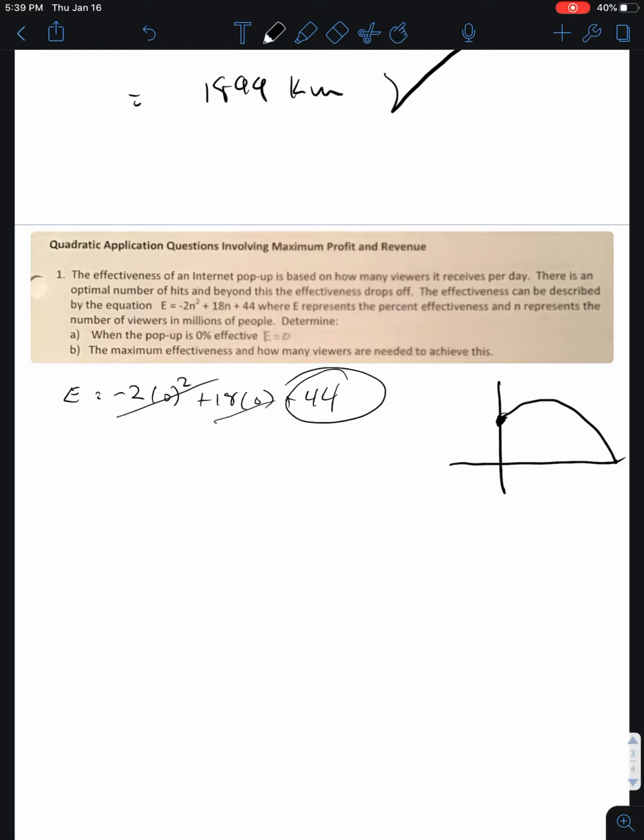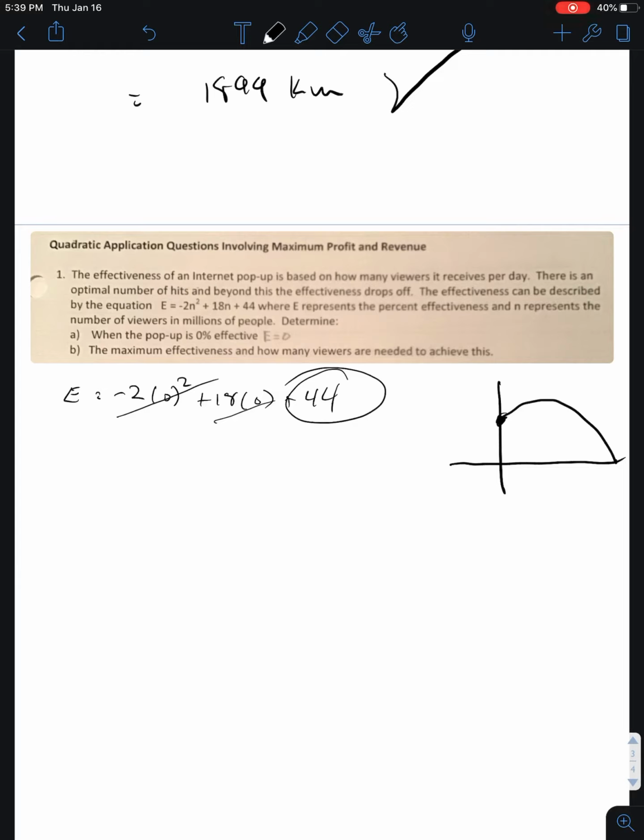Unfortunately, that doesn't answer anything for us in the context of the question, because the question doesn't ask about that. But that was my starting point because I was wondering what to do with the 0. Am I putting it in for N or for E? E stands for the effectiveness.